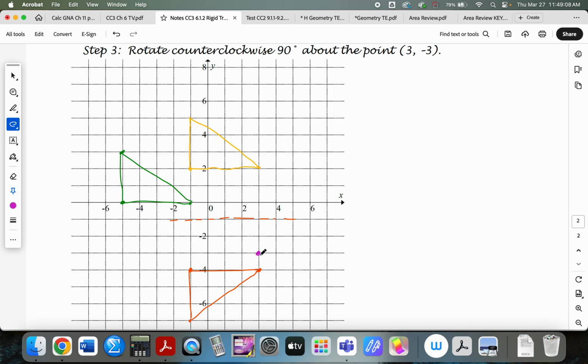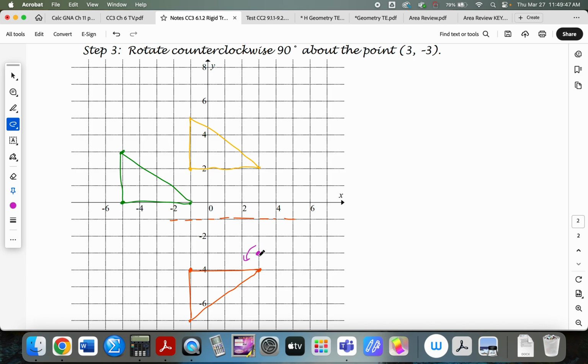Sometimes the easiest thing to help see this, I can't do it on my screen, is to actually put your pencil on that point and rotate your paper counterclockwise 90 degrees to see what it would look like. So take your paper and rotate it 90 degrees, and that's what it's going to look like. Okay? So when you rotate that 90 degrees around this point, and be sure you're going counterclockwise, not clockwise, so it's going to be rotating around this direction.